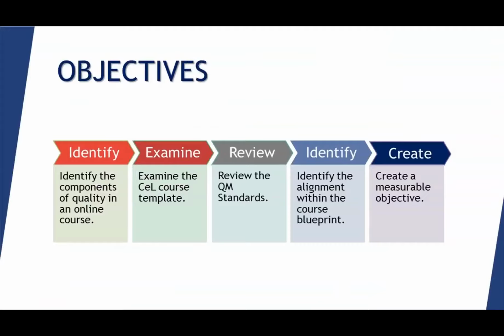We'll go over and look at those in just a moment. We will be examining our course template to see the components that are in there that assure quality. We'll take a look at the QM standards, and then talk just briefly about the alignment within the blueprint, and then give you an opportunity at the end to create an objective. Sounds like great fun, right?